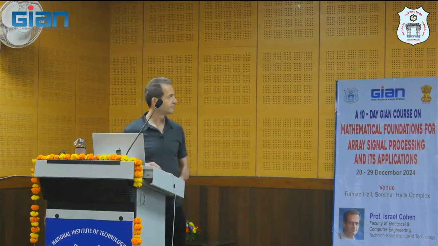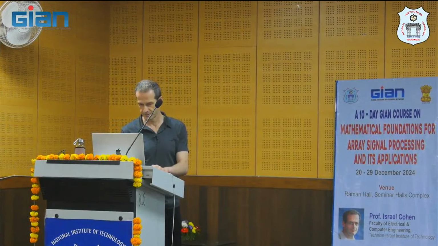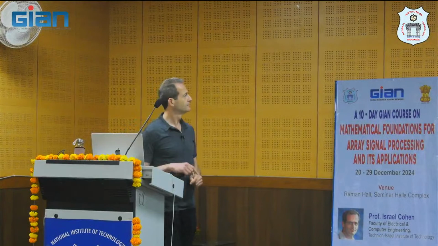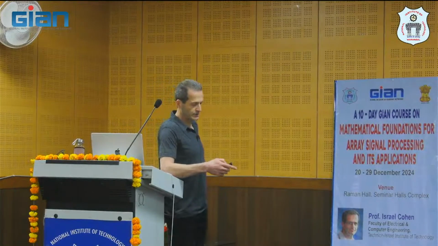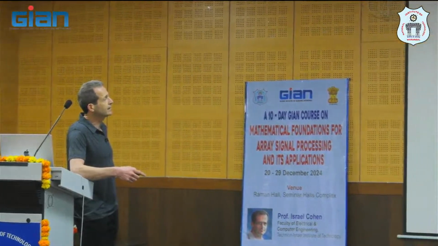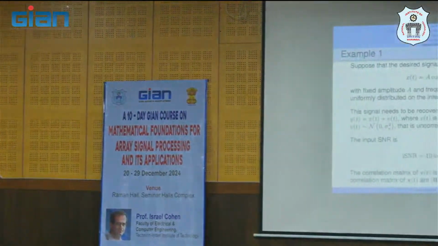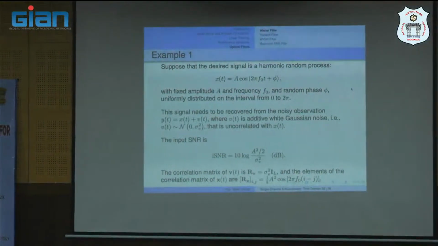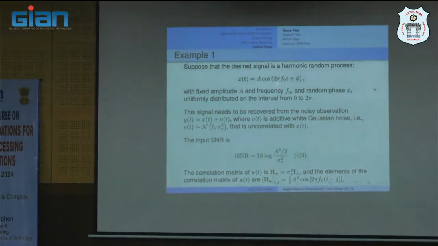Suppose that the amplitude is constant, f0 is lower than the Nyquist frequency, so it's between minus half and half, because T is the sampling interval.